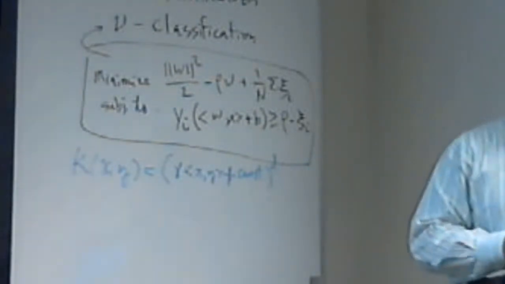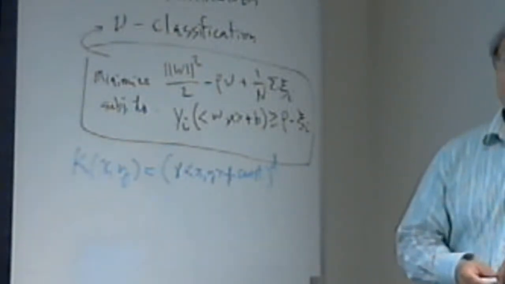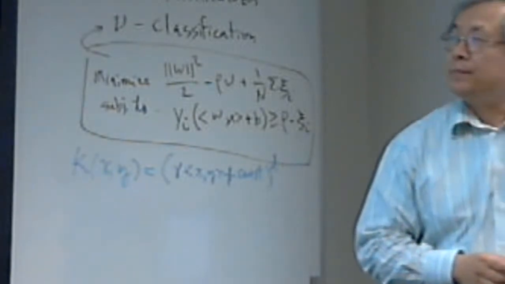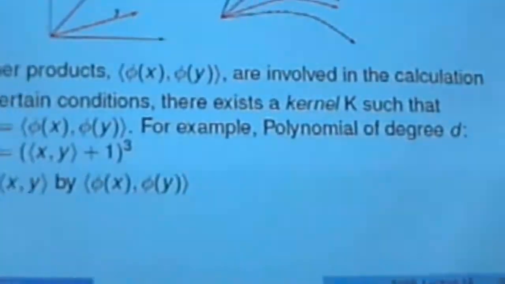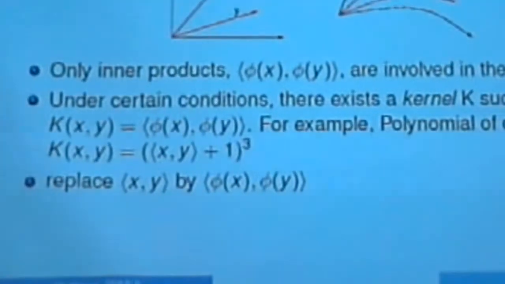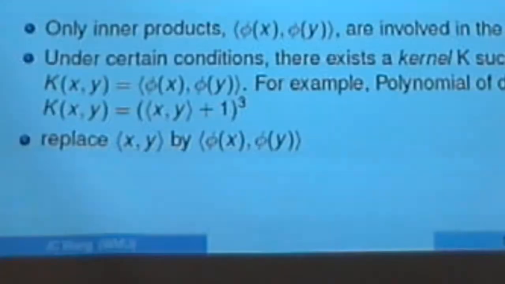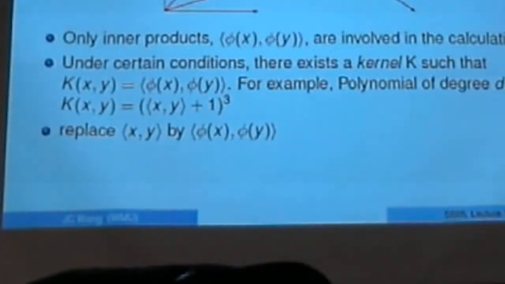This is a polynomial of degree d in that form. Basically, all you have to do is replace the inner product of x and y by the inner product of phi of x and phi of y, through this transformation.